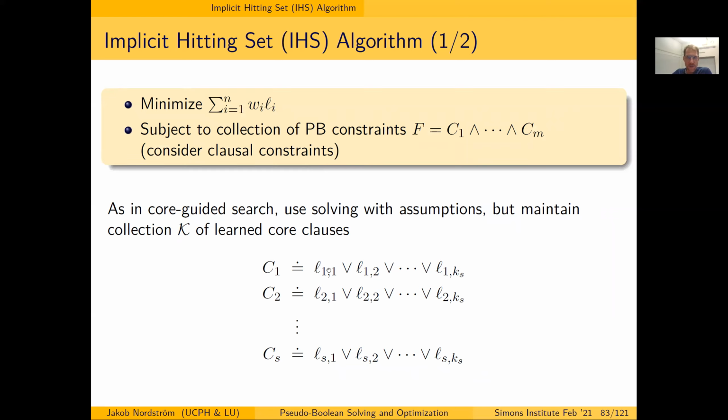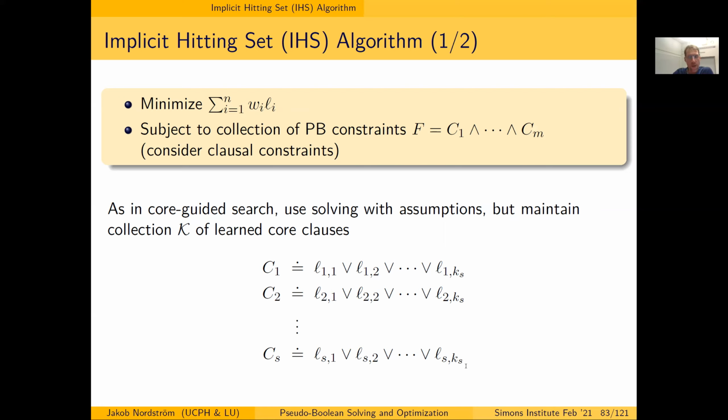The first core says that you have to falsify at least one of these clauses, and then the second core says you have to falsify at least one of these clauses, and the core number s says that you have to falsify at least one of the clauses tagged by these literals. Okay, so in all of these sets, you have to falsify at least one clause.